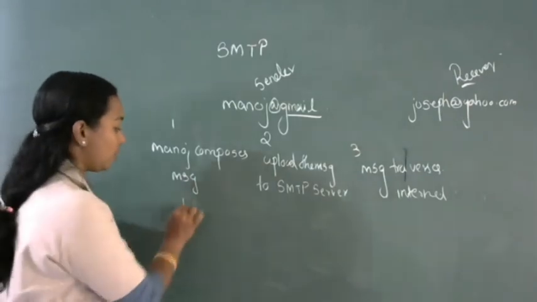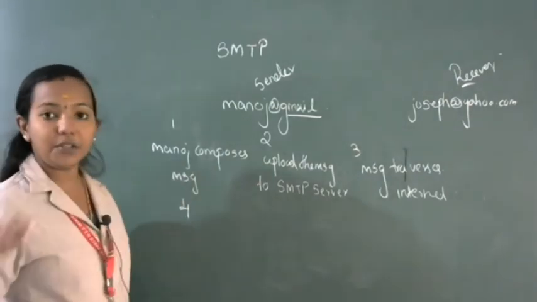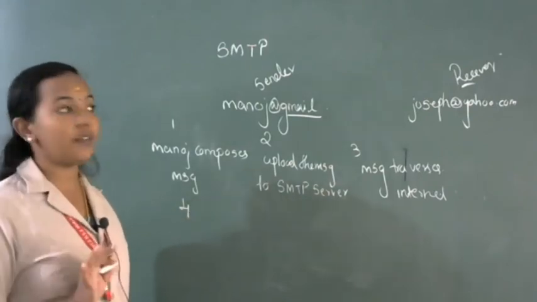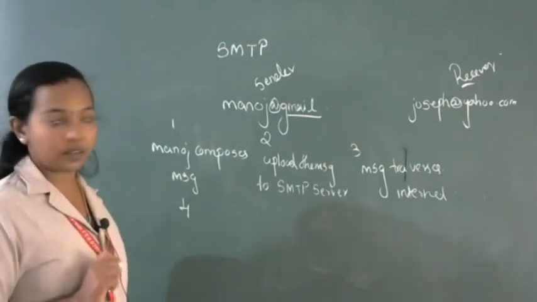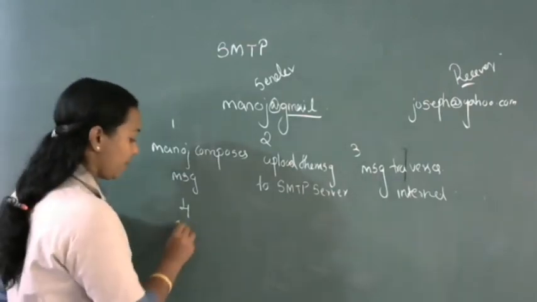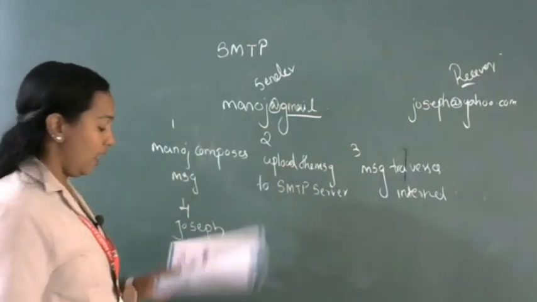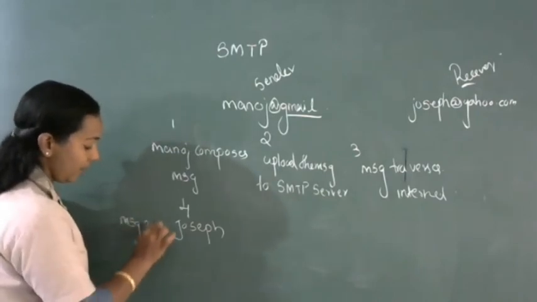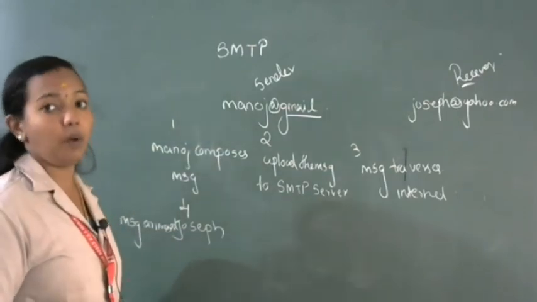Then, the fourth step. After traveling through different routers, it will reach the receiver's address or receiving inbox. Who is the receiver here? Joseph. Then the message arrives at Joseph's inbox.